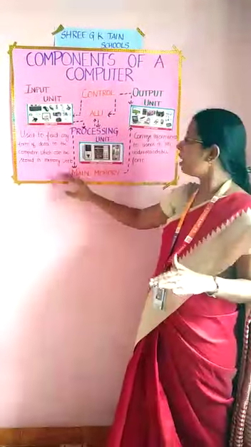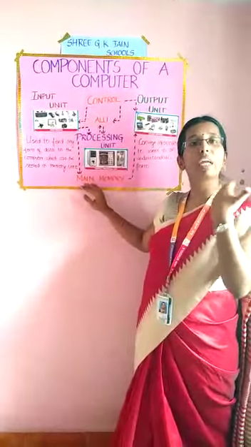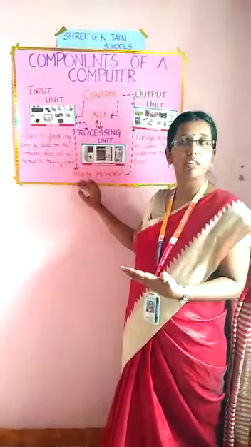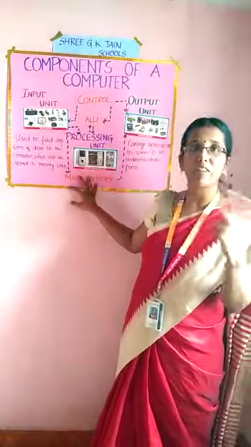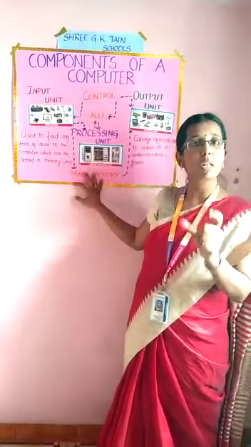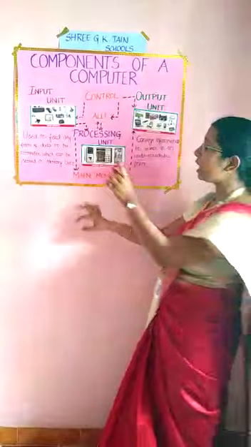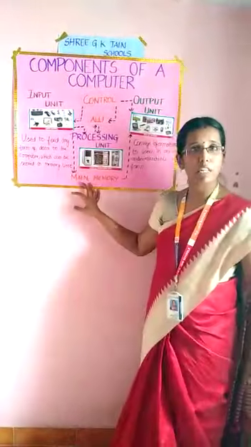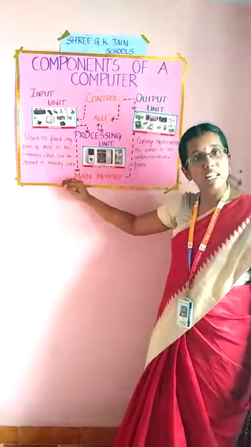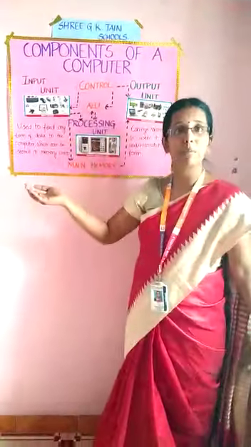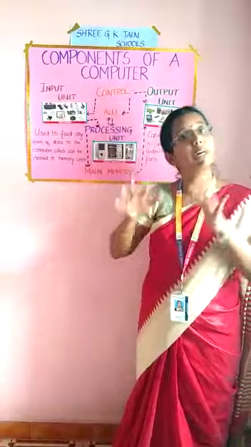For example, for doing an addition calculation, I have to give two numbers, 5 and 6. So 5 and 6 will be stored temporarily in the main memory for the processing. After the process is over, it will be transferred to the secondary memory, where it will be stored permanently.